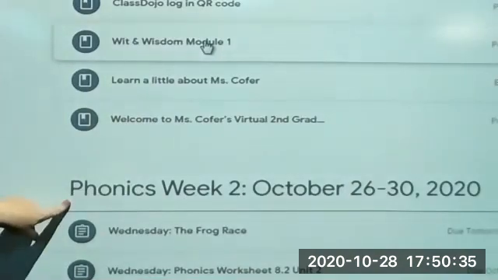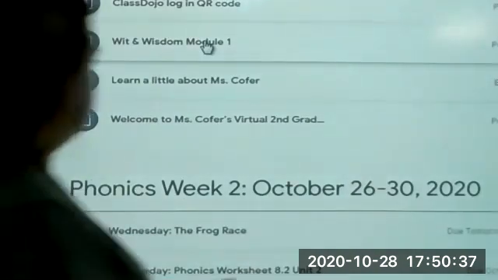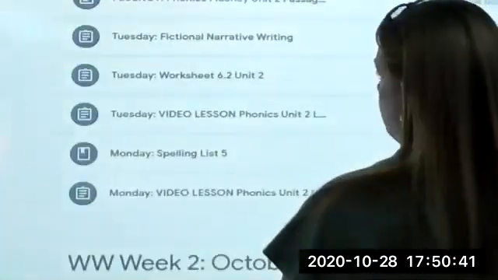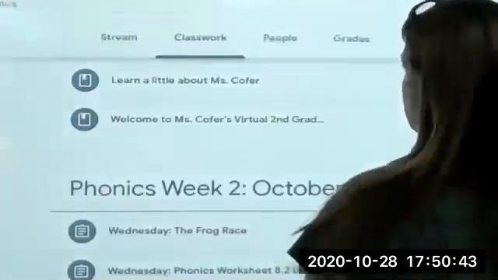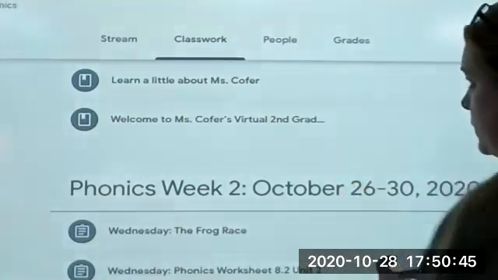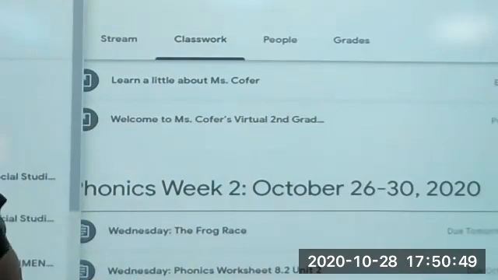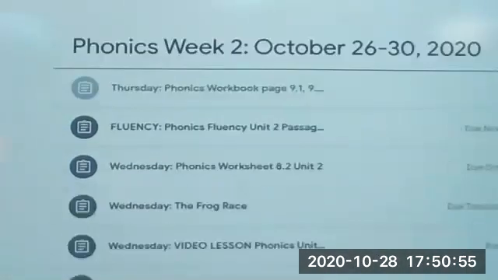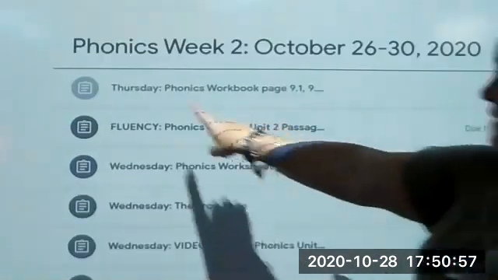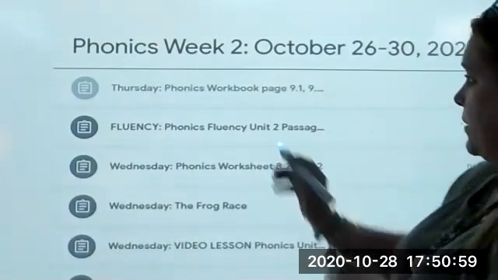So today is phonics. Phonics week 2. Okay, so here it says Thursday, Phonics workbook.